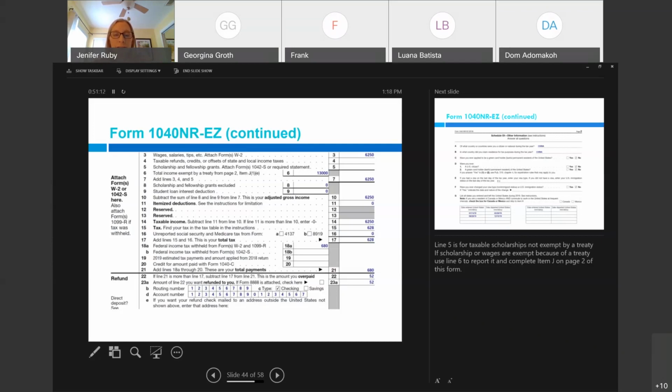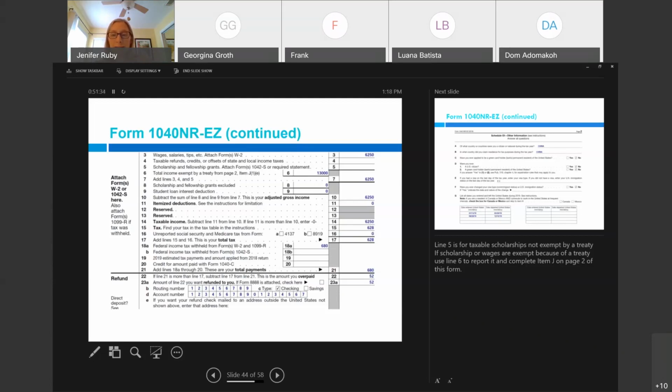So you put down 18A, becomes that amount that's listed on the W-2 as tax already withheld. So that means that you've already paid that amount. So you can see it's more than what you're supposed to pay. So line 17, just to repeat, that's how much you're actually liable for.